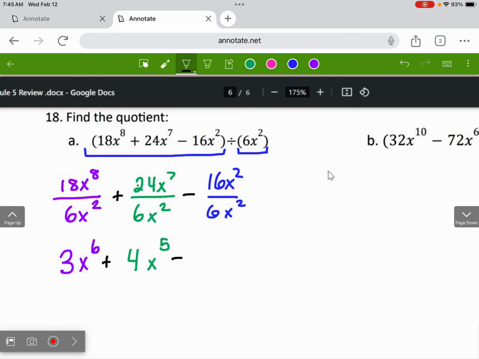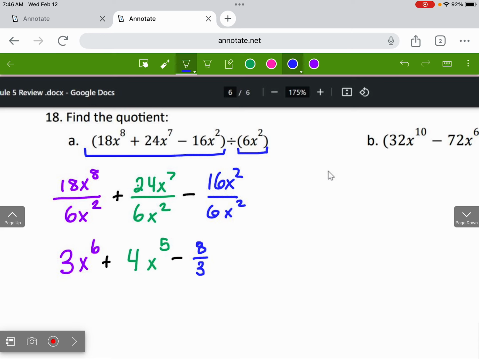Okay. What about this last one? What do we see? Does 16 divide by 6 evenly? No. Do they both divide by something? Two. They both divide by 2, so we could take 16 divided by 2 to get 8, and 6 divided by 2 gives me 3. What happens when we do x squared divided by x squared?